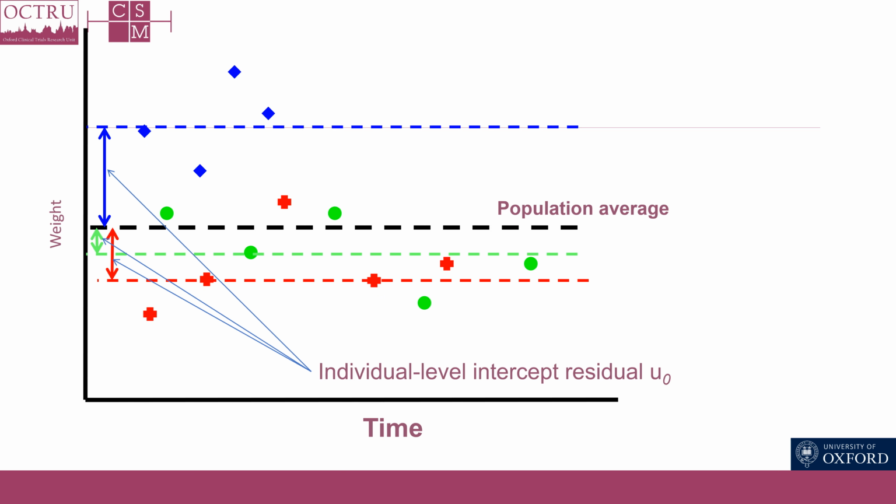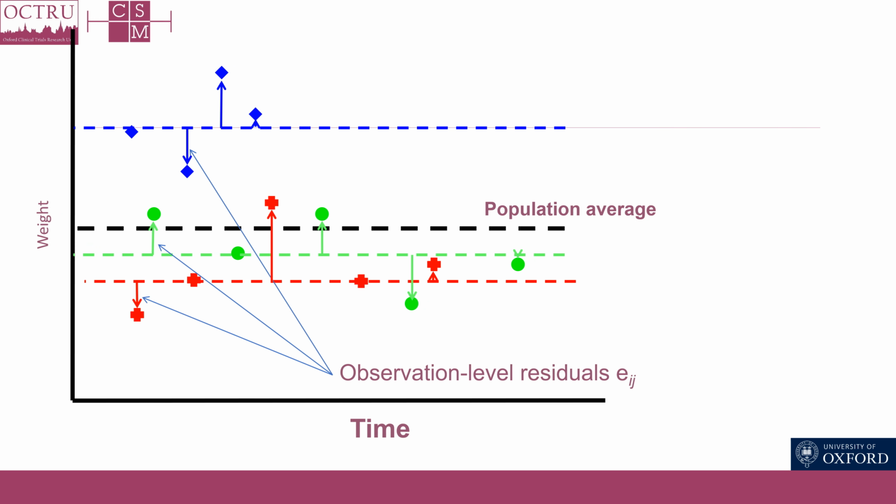Each individual has its own average, and this is quantified by the individual level intercept, individual level residual U0. You can see how this quantifies how far away each of these 3 individual averages differ from the overall population average weight.